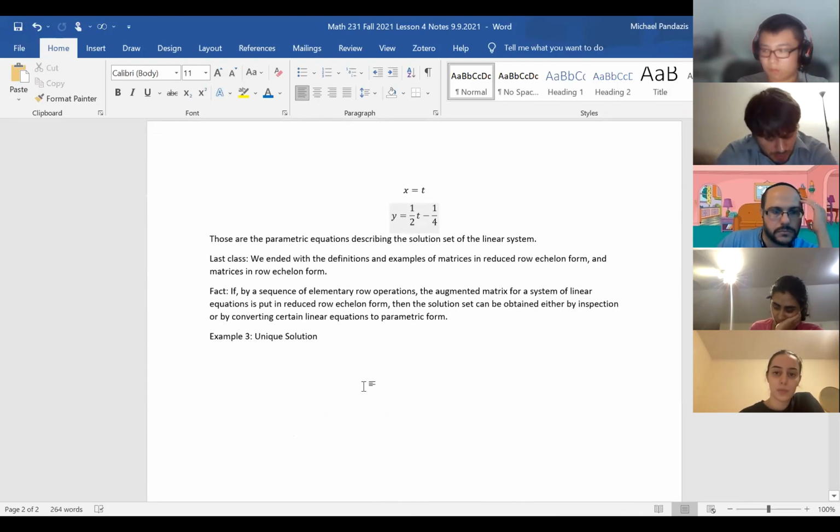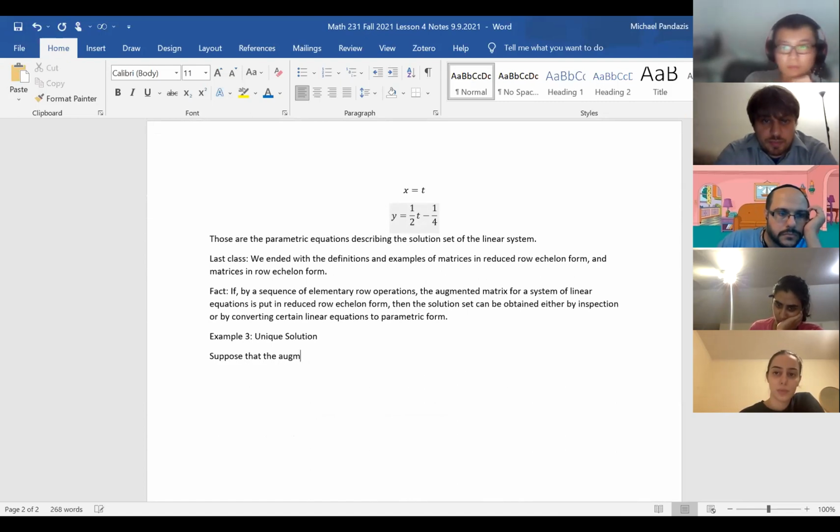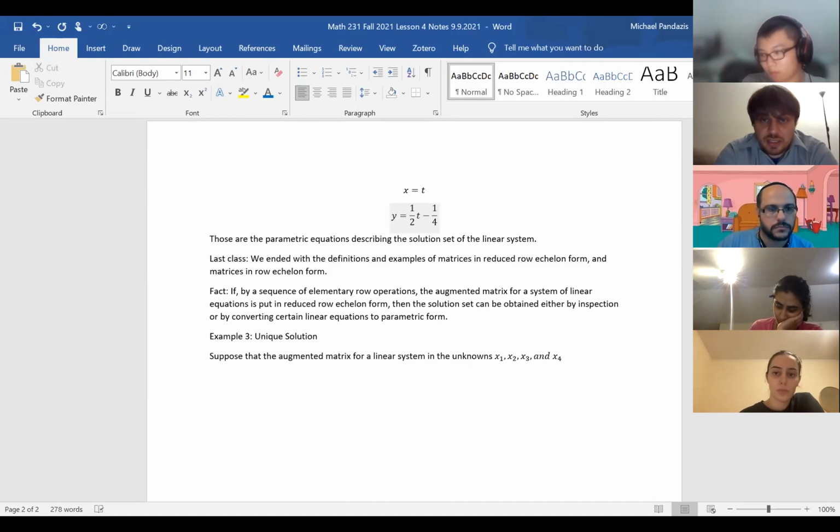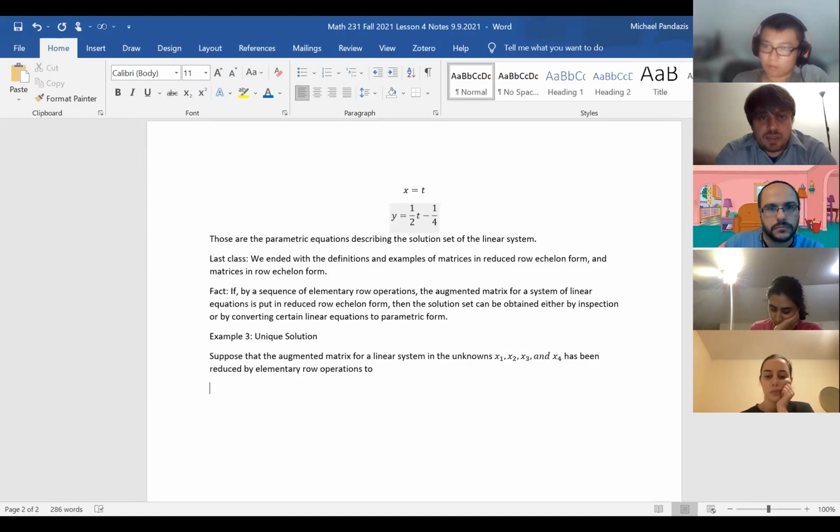First, we suppose that the augmented matrix for a linear system in the unknowns x1, x2, x3, and x4 has been reduced by elementary row operations to the following.